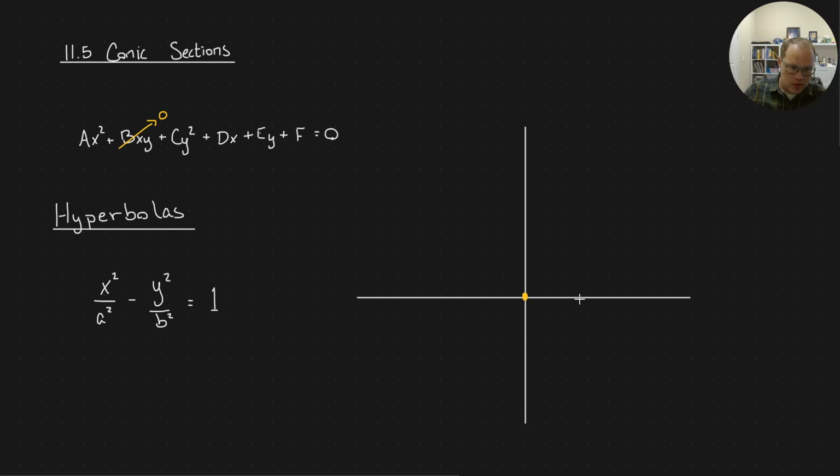So A units in the x direction, whatever that is, and then B units in the y direction. You want a couple points at all those locations. And then you're going to draw a box through those points.